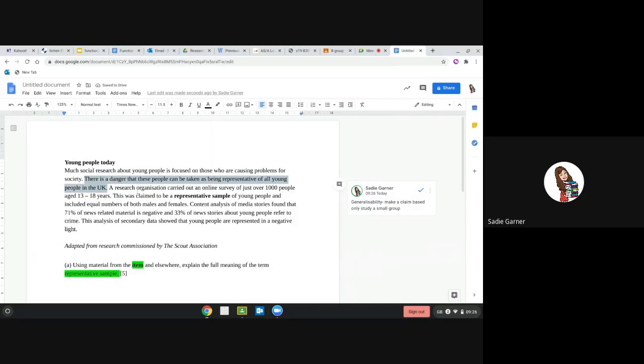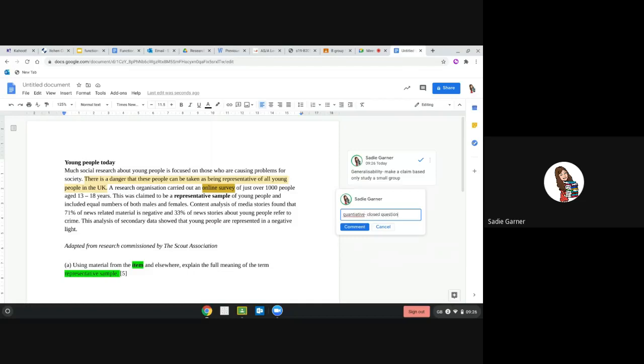A research organisation carried out an online survey. Online survey. Surveys are quantitative, well, provided that the questions are closed. So surveys generally are quantitative when the questions are closed.